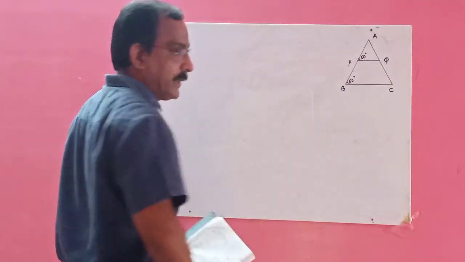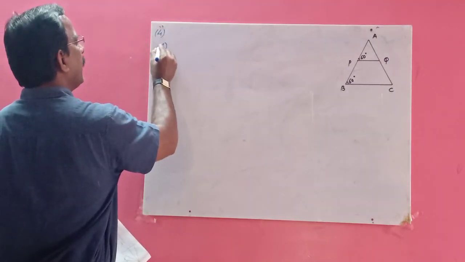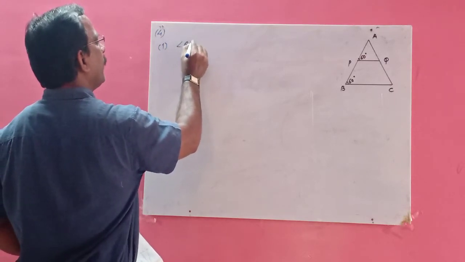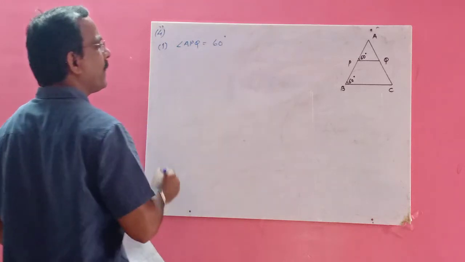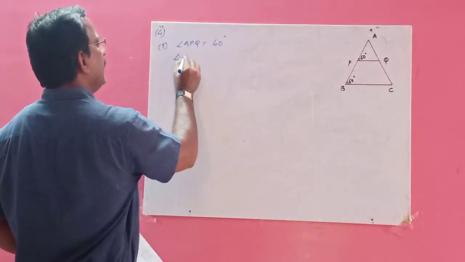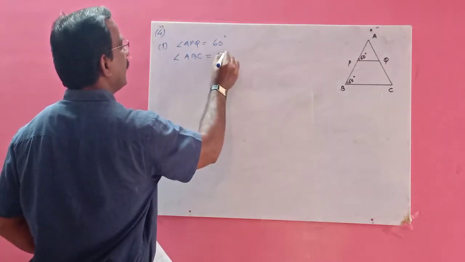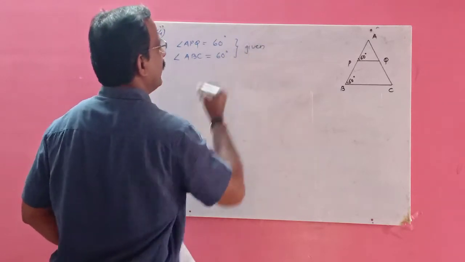You should start from the given part. What is given here? Number 1: angle APQ is equal to 60 degrees. It is given. Also, angle ABC is equal to 60. This is given.